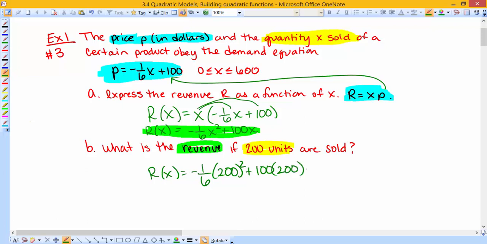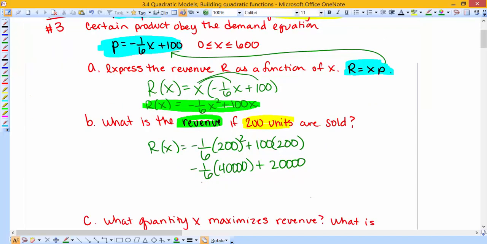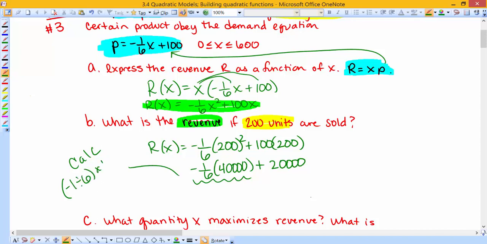So I go through, I do the math, bear with me. I have to do all this on my calculator. So I'm going to do 200 squared, and I'm going to get negative 1/6 times 40,000 plus 20,000. So I need to do this here, and in your calculator, do parentheses, negative 1 divided by 6, close the parentheses, and then it's times the 40,000.